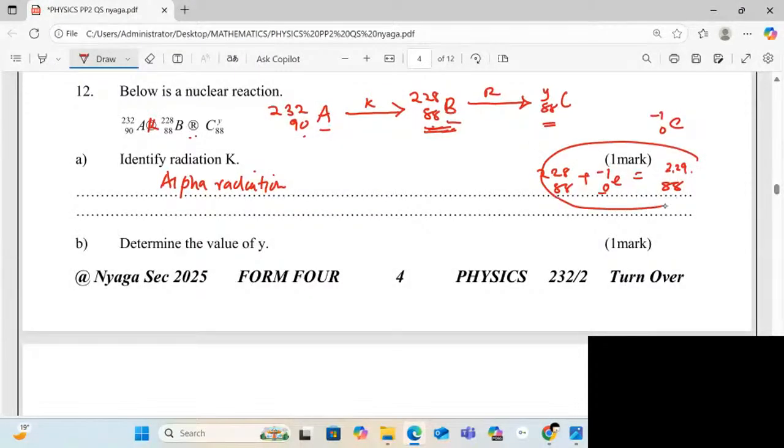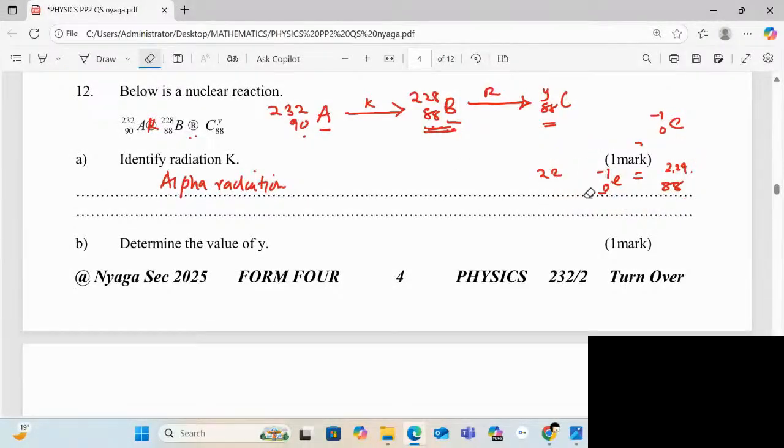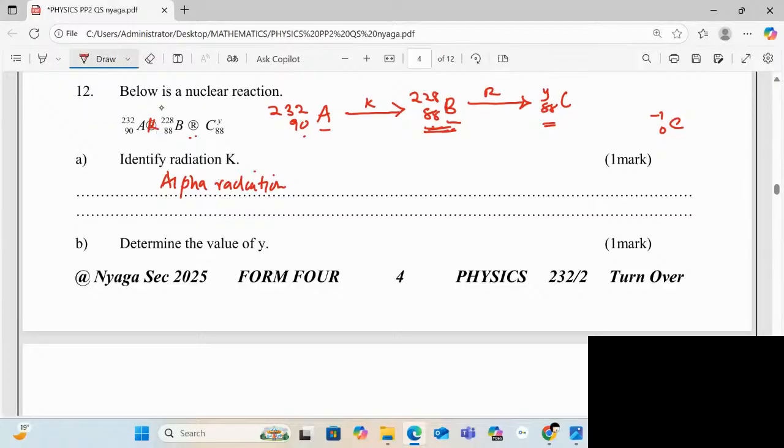So there might be a slight confusion here, and allow me to erase that confusion by giving another format of explanation. For us to come to this, it's supposed to be 228, 88 of B, forming Y of 88 C plus -1, 0e.